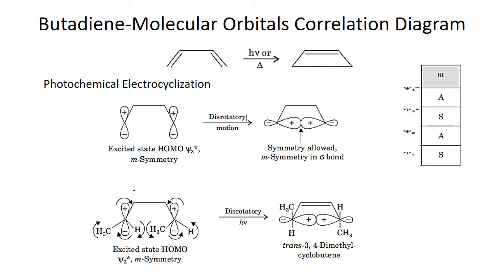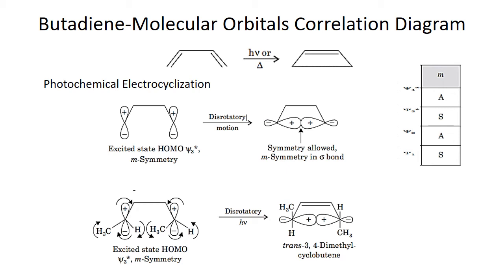Let's return to why only one isomer is formed from the thermal cyclization, just like in the previous example, because there are no proper substituents on the termini of that butadiene. This is just simple 1,3-butadiene, with no substituents on the terminal positions.